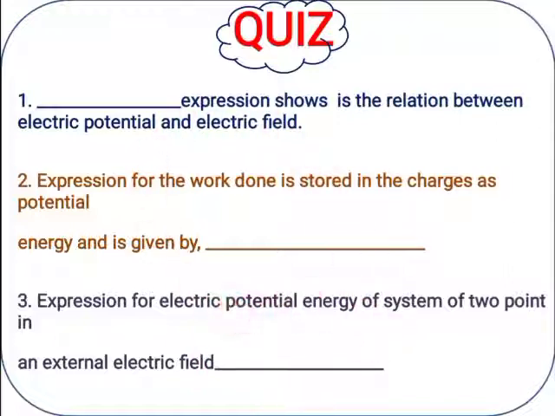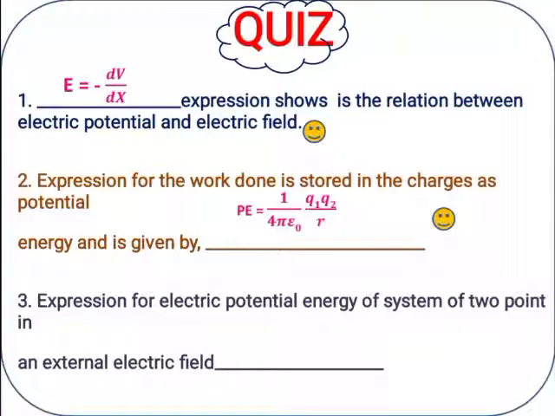Pause the video and cross verify your answers with my answers. First answer is E is equal to minus dV by dx, the first derivation which I discussed, the relation between electric potential and electric field.